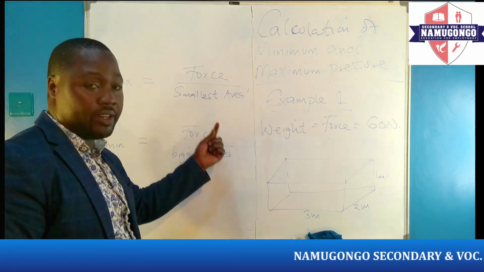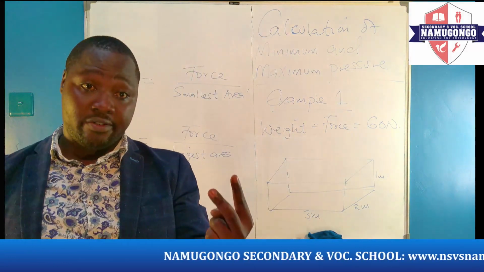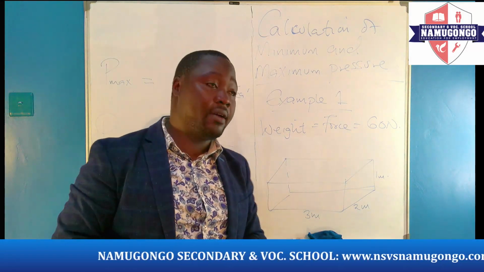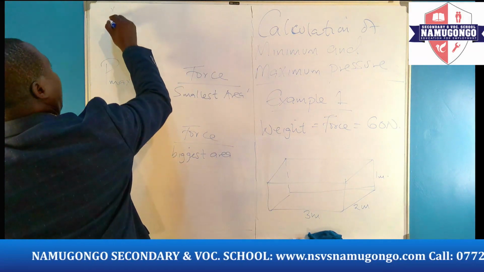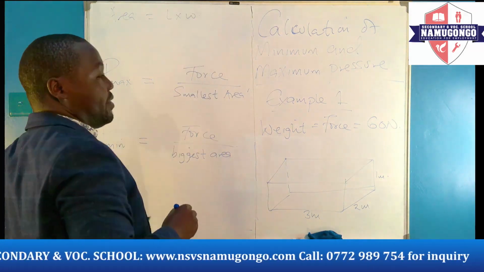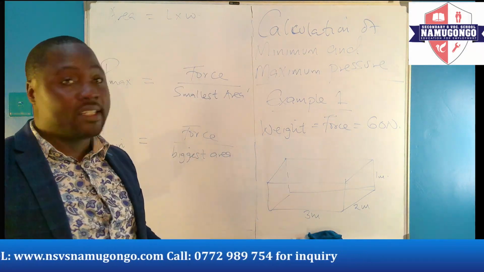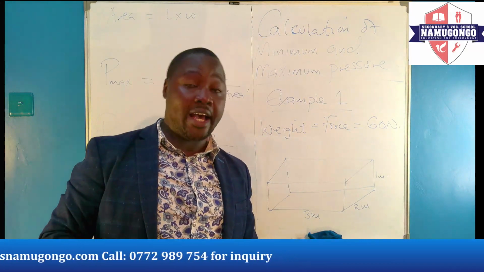For us to calculate the area here, we are going to get two sides of this box. Remember, area is given by length times width. Any two sides. Can be length times the height, can be width times the height, anything.